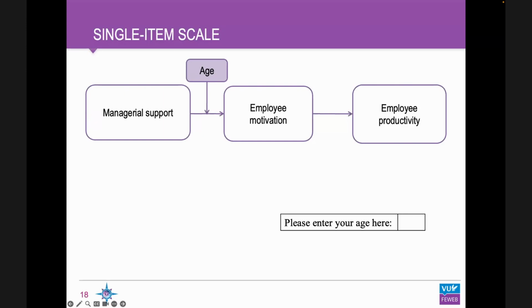In the case of age, gender, and brand liking, these are simple concepts, and you can simply ask respondents their age, gender, or how much they like a certain brand. In the case of multi-item measures, look at concepts such as subjective well-being. If I want to measure your subjective well-being, it is very hard to measure this with a single question.